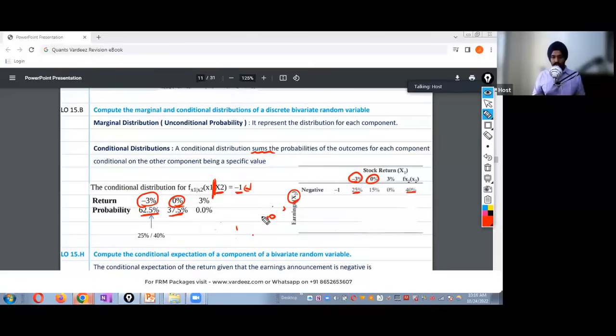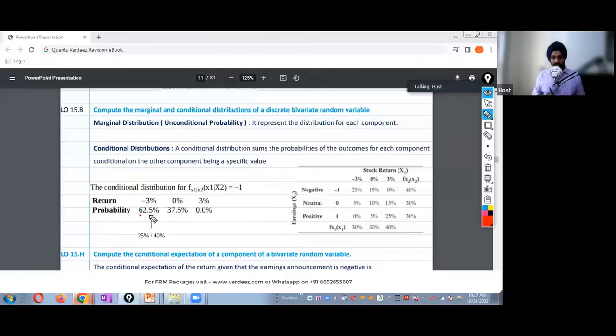Then similarly, for the third return, which is positive 3% return, it's going to be joint divided by marginal. The joint is 0 divided by 40. That's going to be 0, which is what I have for the third value. Okay, so this is how my data would look for the conditional distribution.